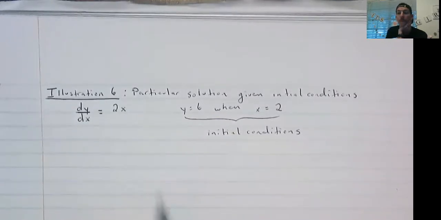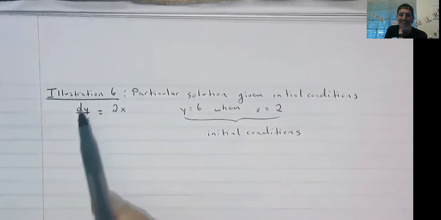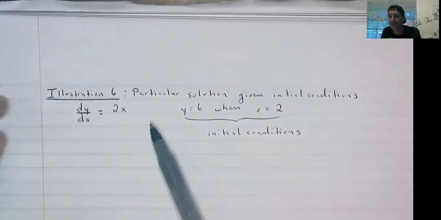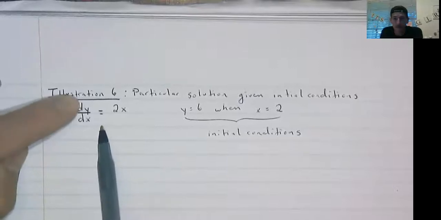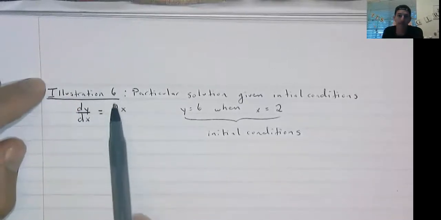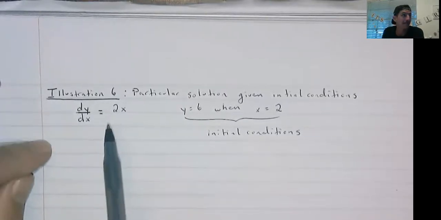Here is now where we're going to start to think about these separate dy and dx. We have not done this before. We've always treated this as an inseparable unit, the derivative of y with respect to x.